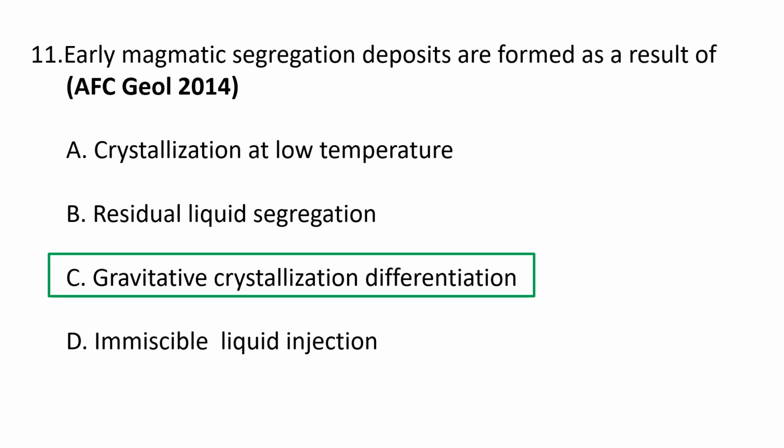Some of the ores, representing metallic oxides, sulfides and native minerals, are formed during the early stages of magmatic crystallization and get segregated by the process of crystal separation, which results in early formed magmatic deposits. C is the correct option.